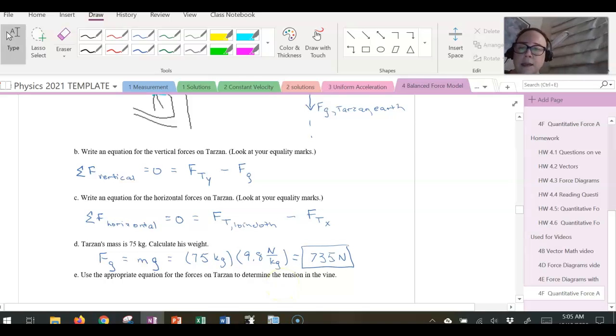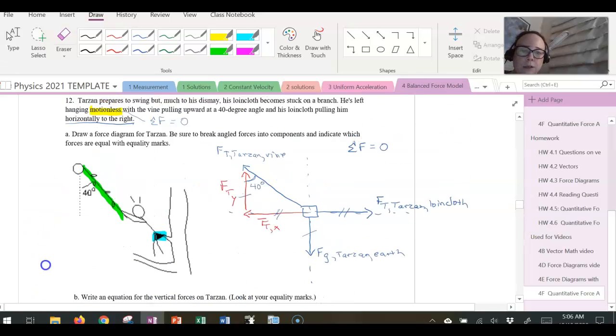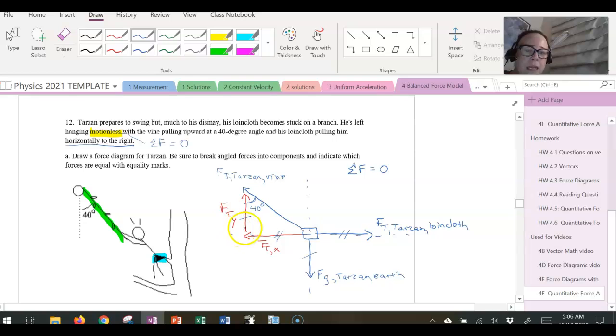And then it says, let's determine the tension in the vine. Okay, well, let's see here. I know from the sum of the vertical forces equals 0 that the force of gravity has to equal the y component of the tension force in the vine. And let me go up and look here again at my figure.